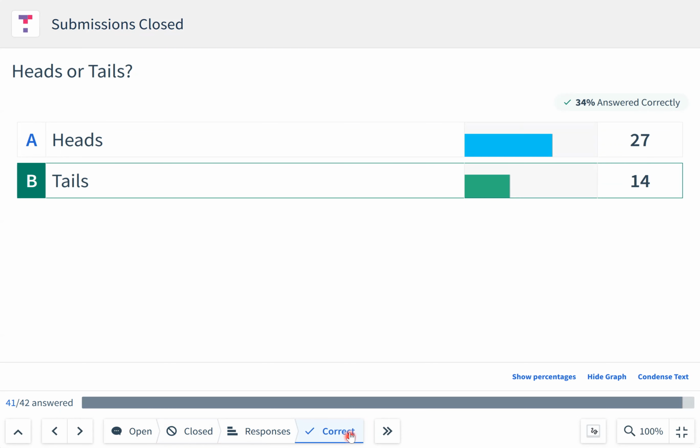Okay, so on average there's been 42 guesses per go. Did anyone get all 5 right? And this is, of course, just a 50-50 split.